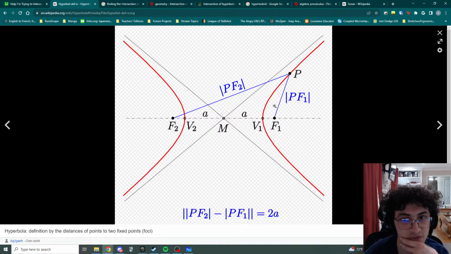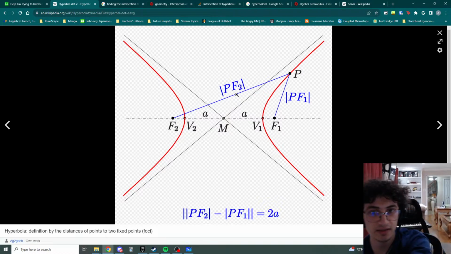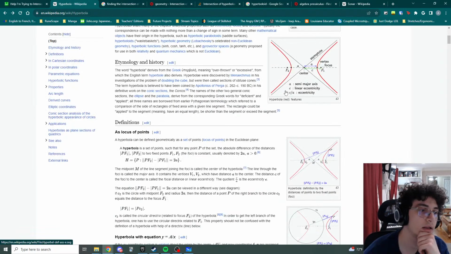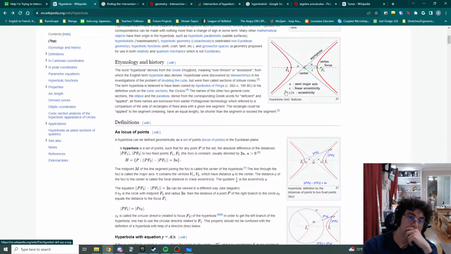So the distance from p to f2 minus this distance, so chop that off, it's exactly equal to from this point to this point. All right, cool.